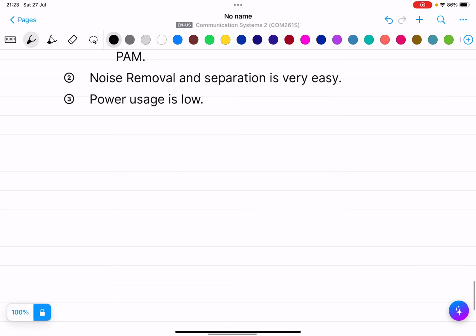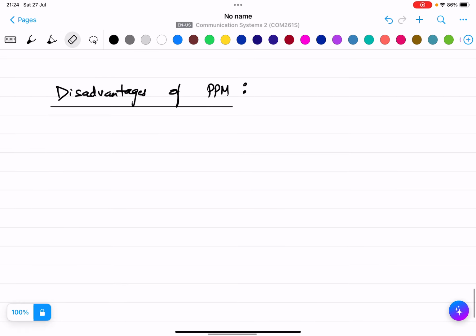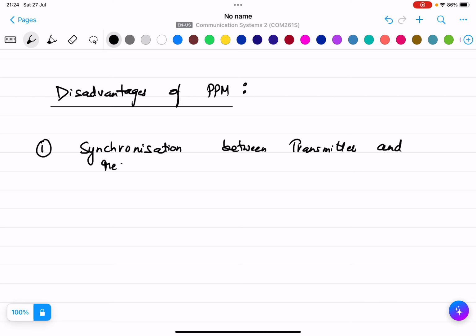Second is the disadvantages of PPM. Synchronization between transmitter and receiver is required.